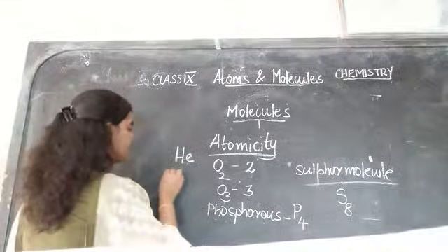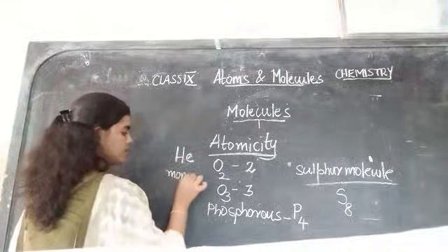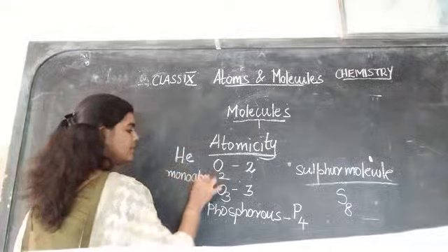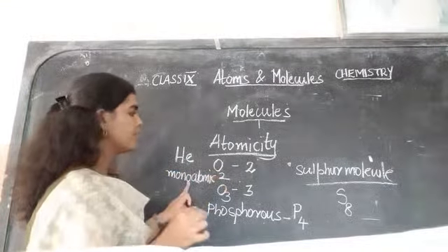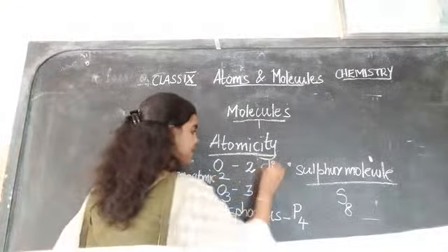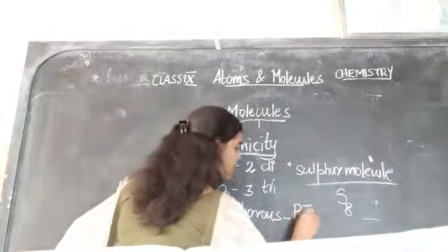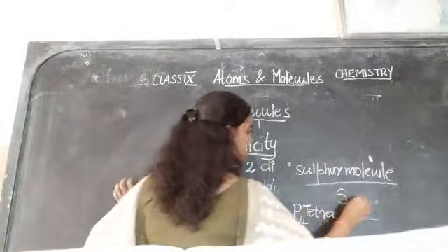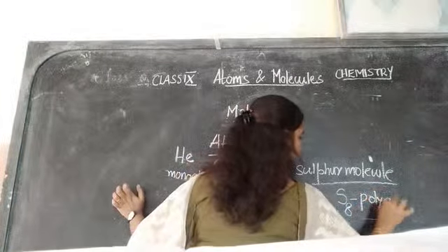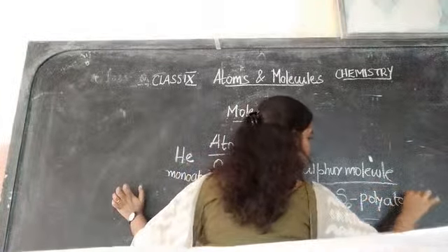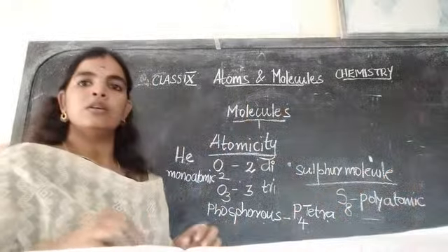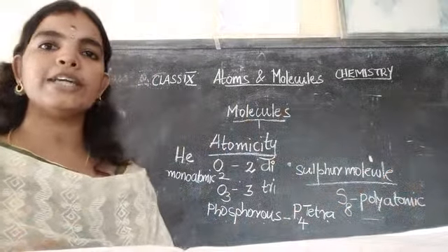This is an example for monoatomic. Only one atom will be there in this case. So monoatomic, this is diatomic, this is tri, this one is tetra, and sulfur is polyatomic. Is it clear to all of you about the atomicity?